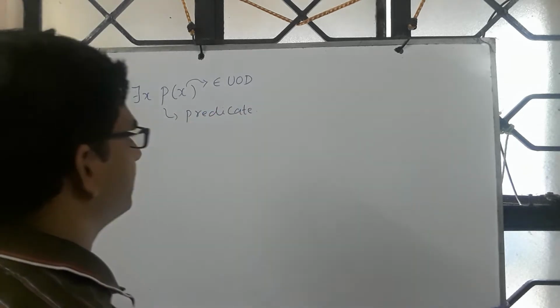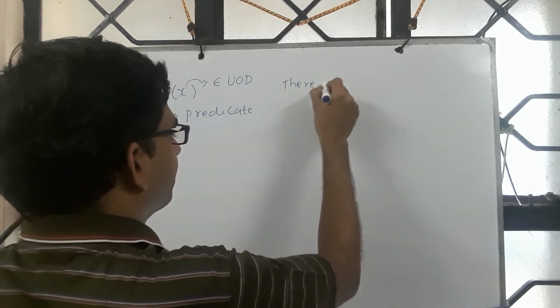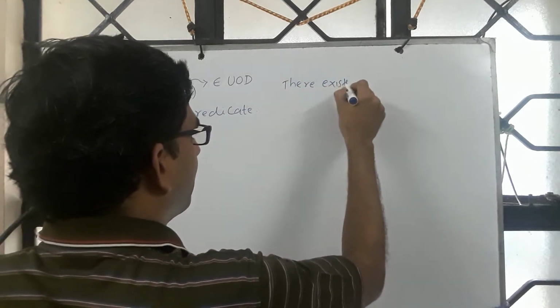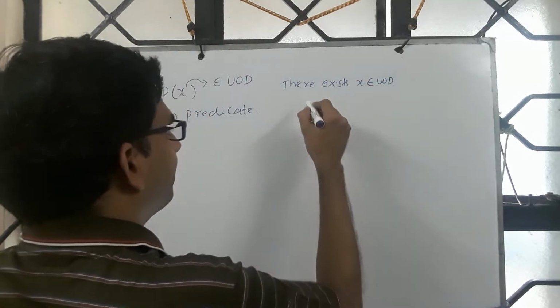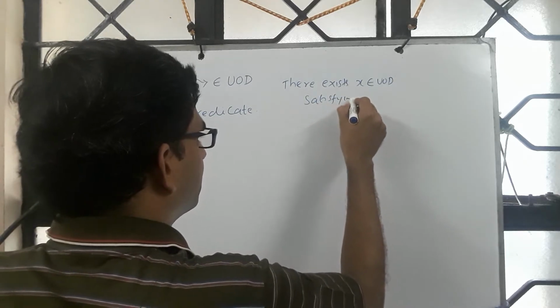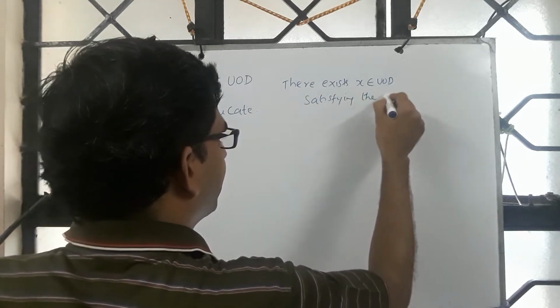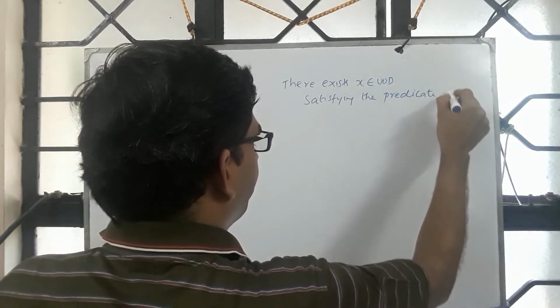So what this says is there exists x belonging to UOD satisfying the predicate P.